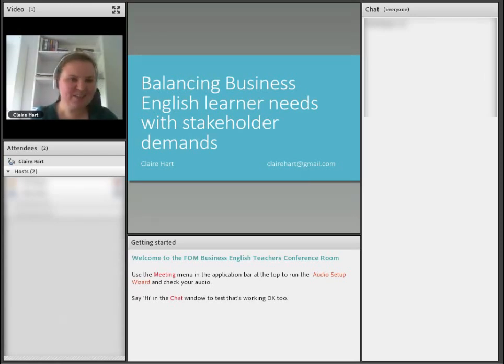This can also be true in company, but in the Hochschule or university context, it's often about much more than just what the learners want to do. So that's why I wanted to focus on how to identify needs and how we can balance the different demands which are being made on us as freelance business English teachers.